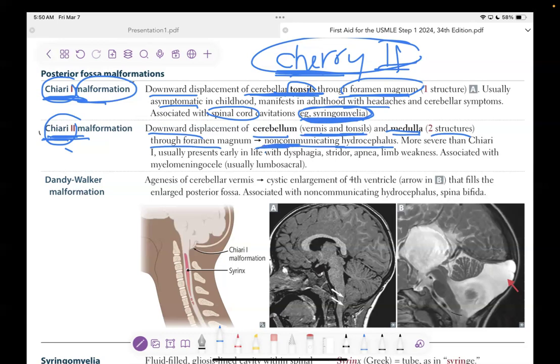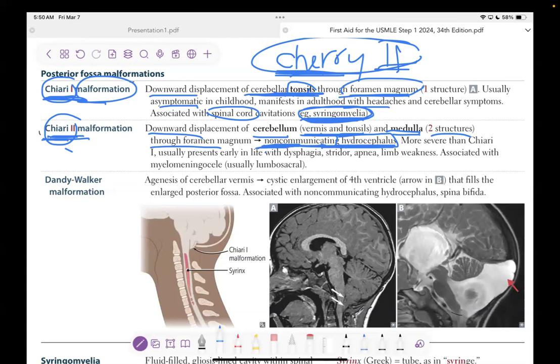So whenever we say non-communicating, it means no communication. Non-communicating hydrocephalus means that a lot of CSF is inside the brain, and this CSF, which is accumulated inside the brain, is because of no communication.